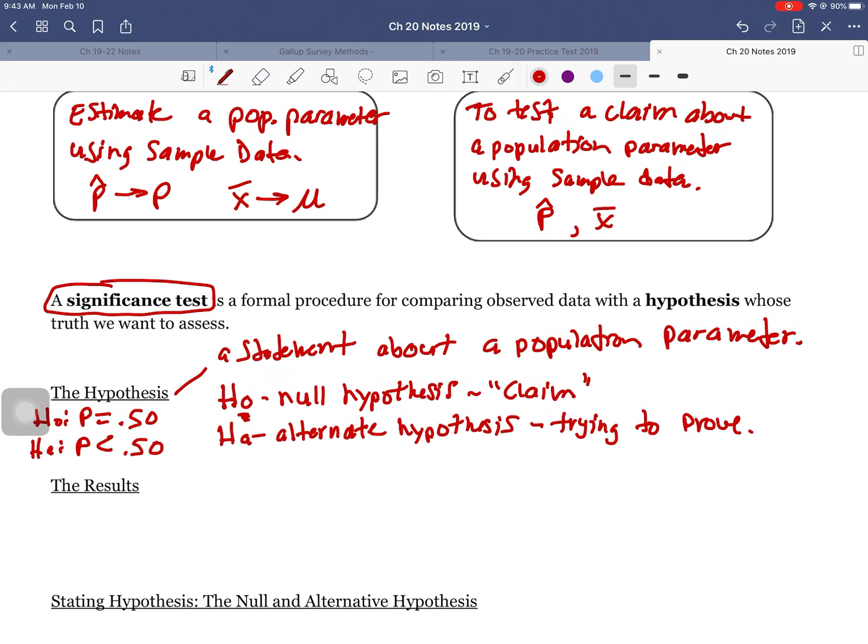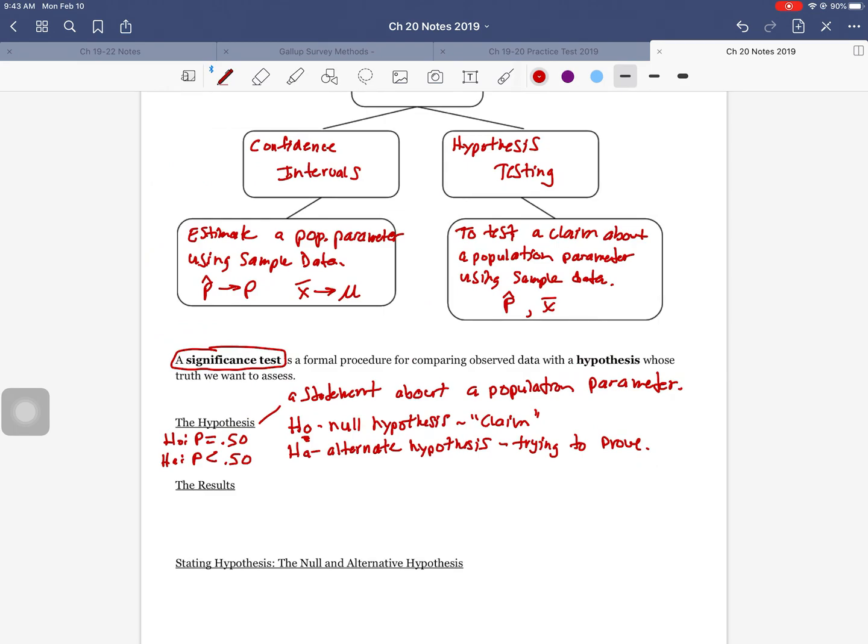And basically, the process is going to be this. Someone will make a claim, and we'll say, all right, if they're right about their claim, then the population mean will be right there in the middle of the distribution. We're going to take a sample, but we don't know which sample we're going to get. We could get one of these samples that are close to the mean, or we could get one that's pretty far away from the mean.